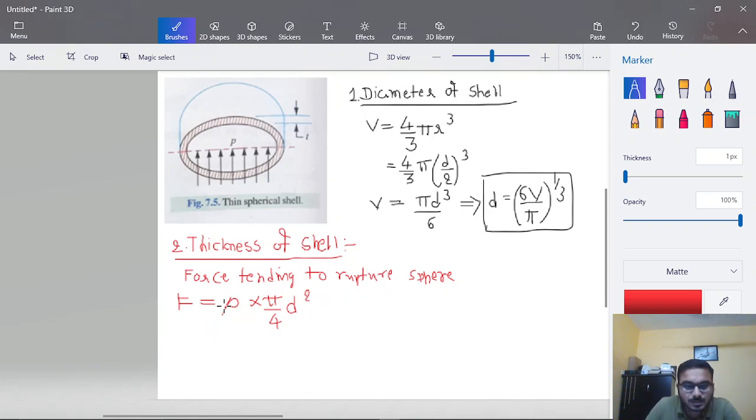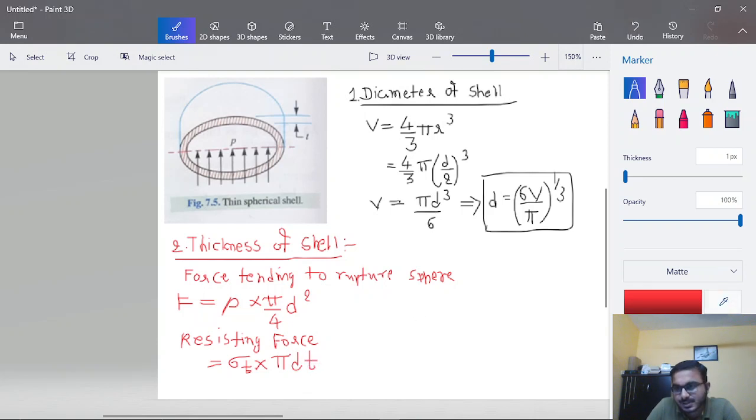Now the resisting force is equal to sigma t into the projected area or resisting area. So it will be pi into d into t.